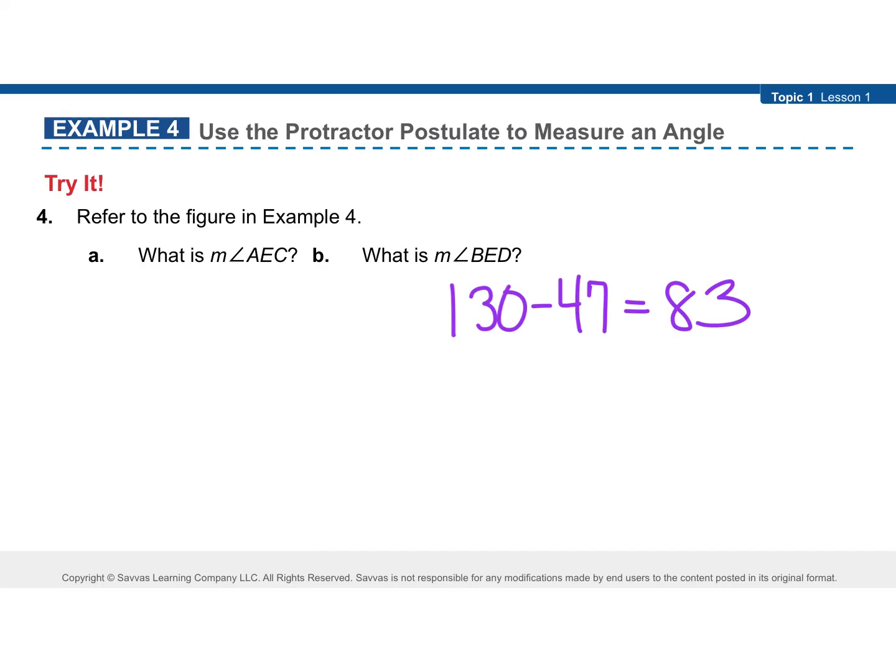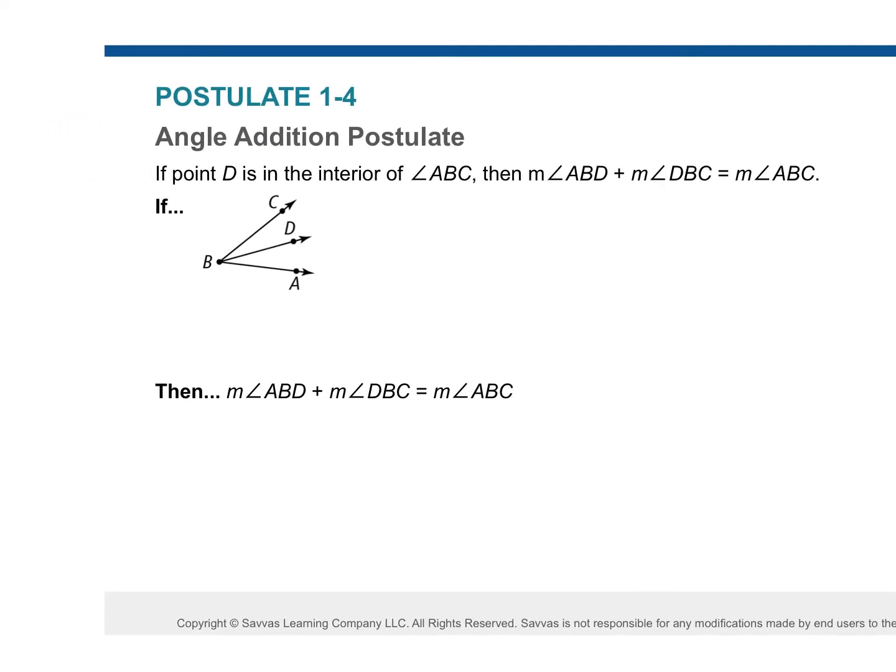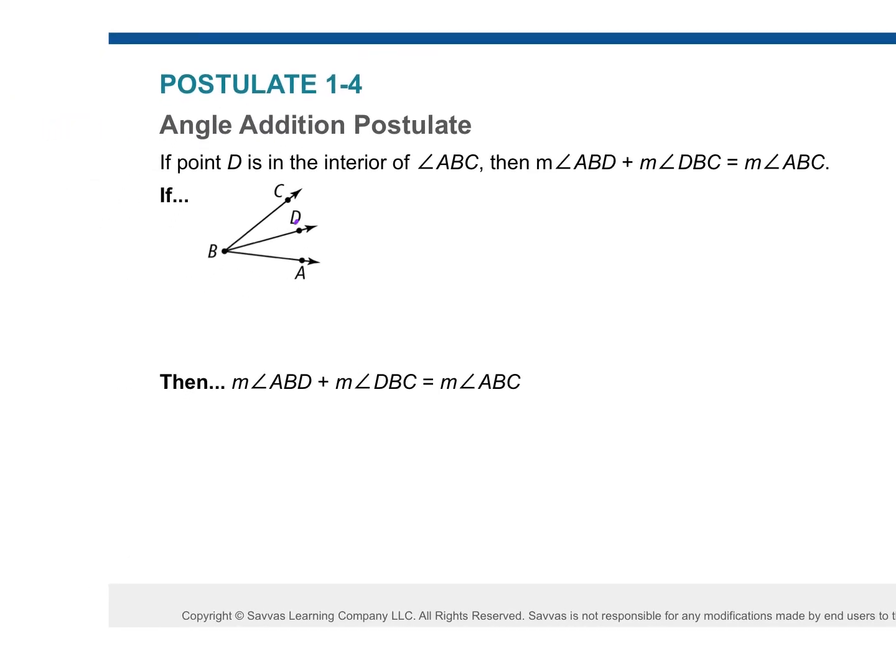All right, so angle addition postulate. So this is just saying if point D is in the interior of the big angle, then ABD, I'm going to call that angle 1, plus DBC, I'm going to call that angle 2, equals the whole thing, I'm going to call that angle 3.